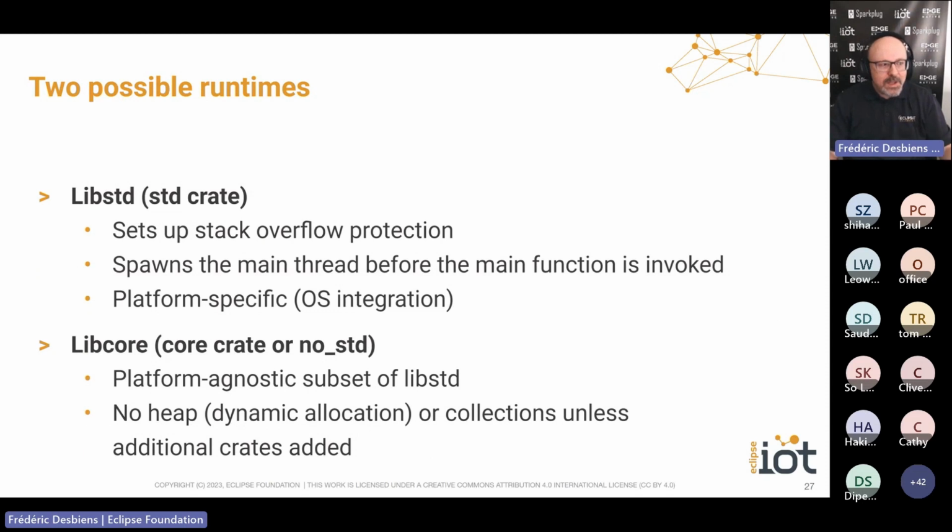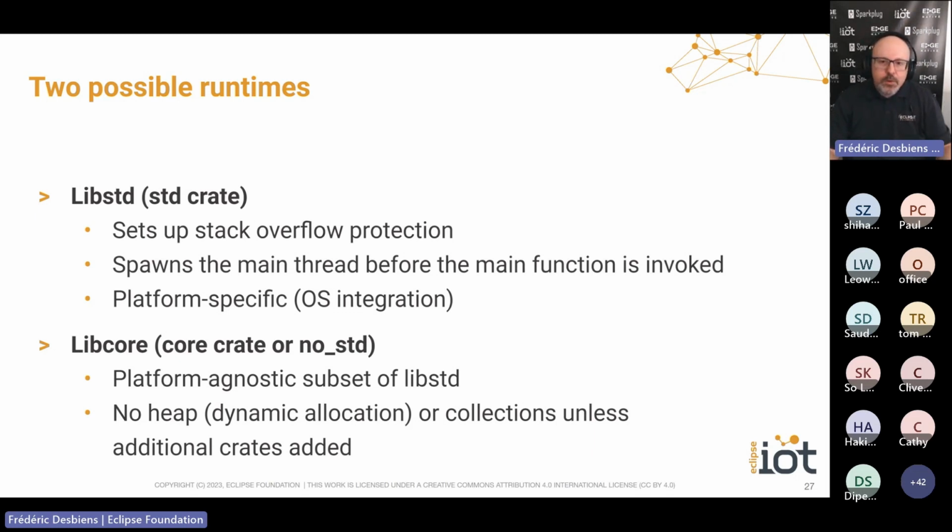When you use libstd, the standard crate, then you get stack overflow protection, and the main thread is started for you before the main function is invoked. And really the standard crate is, however, platform specific. So this enables you to run on Windows, macOS, Linux, any OS of your choice which is supported.